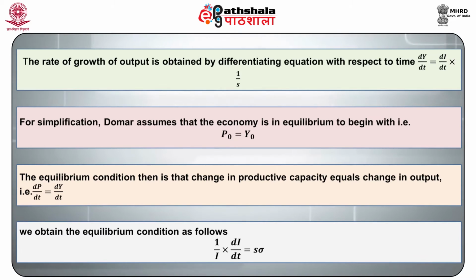The equilibrium condition then is that change in productive capacity equals change in output, that is dP upon dt is equal to dY upon dt. Now substituting from 3 and 4, we obtain the equilibrium condition in this way: 1 upon I multiplied by dI upon dt is equal to S into sigma.